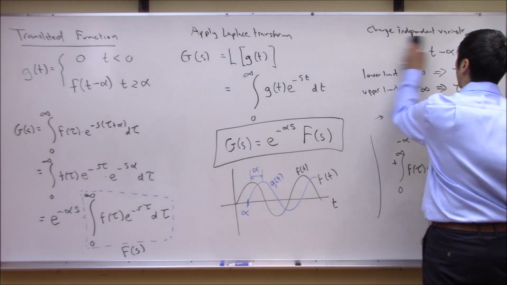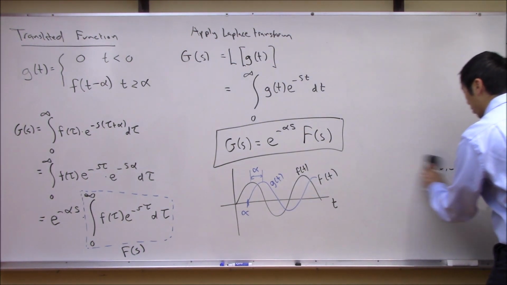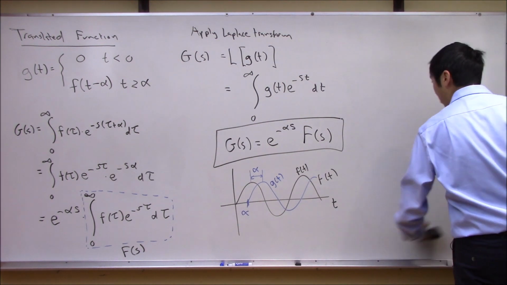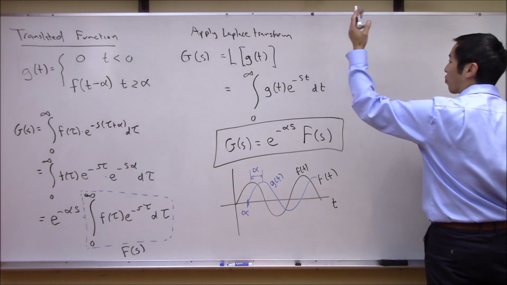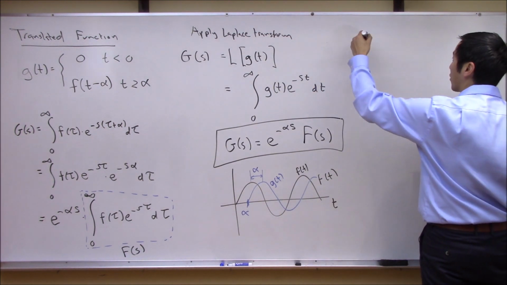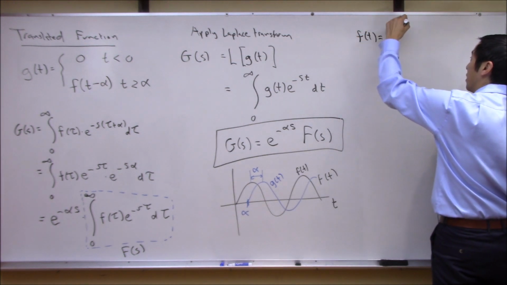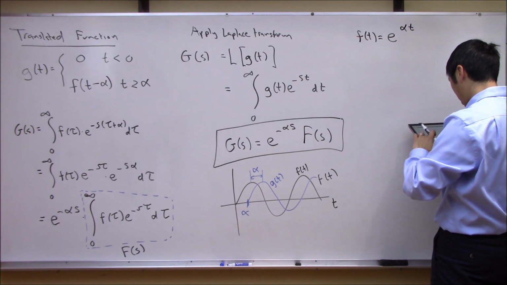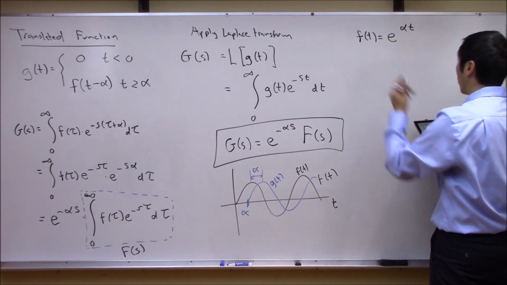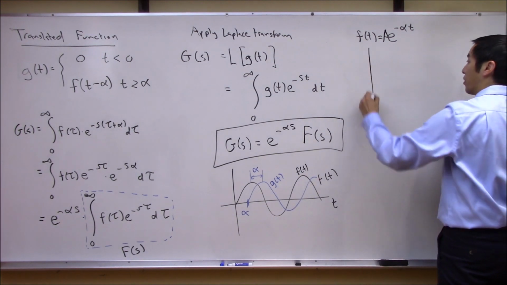Maybe just to drive that home, let's look at a quick example. Let's do the exponent. Remember, f of t was e to the minus alpha t, times a, our exponent function.